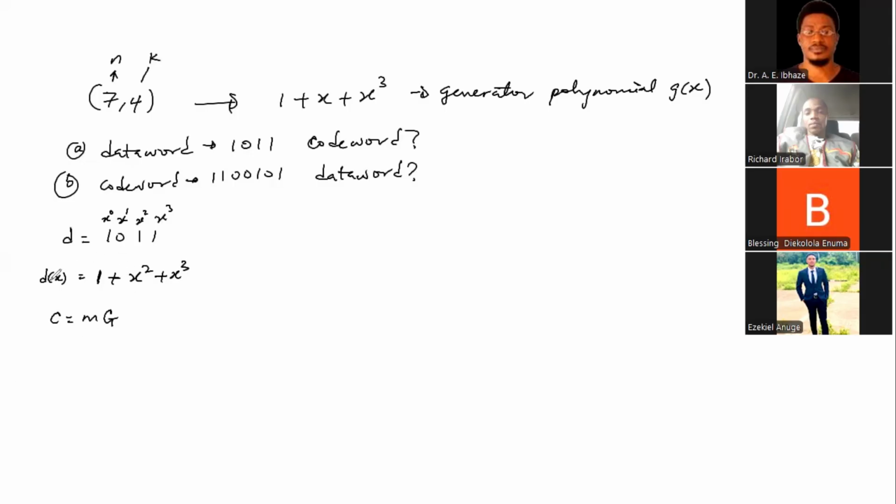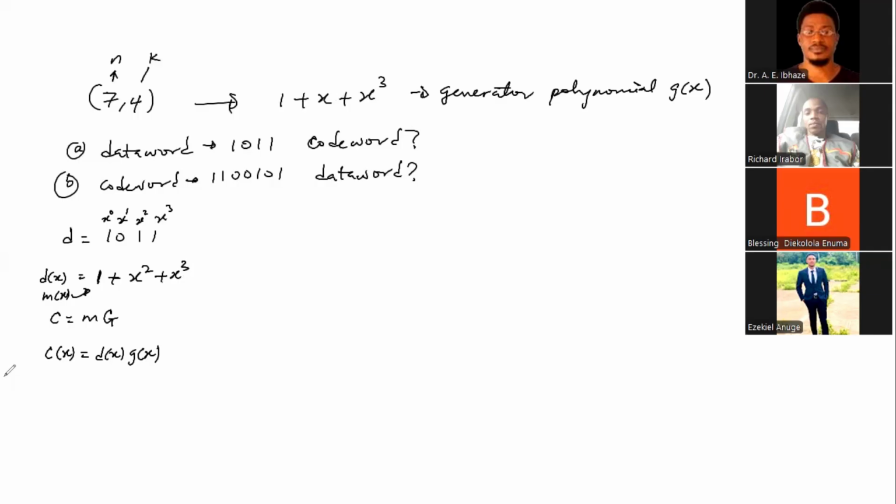And this data word is literally our M of X. Then we have G of X. So we can evaluate the code word polynomial to be the same as D of X, G of X.